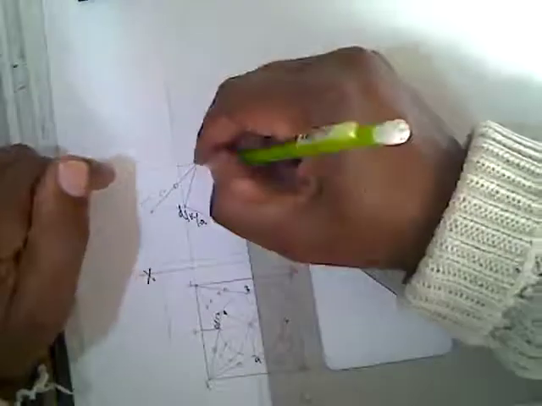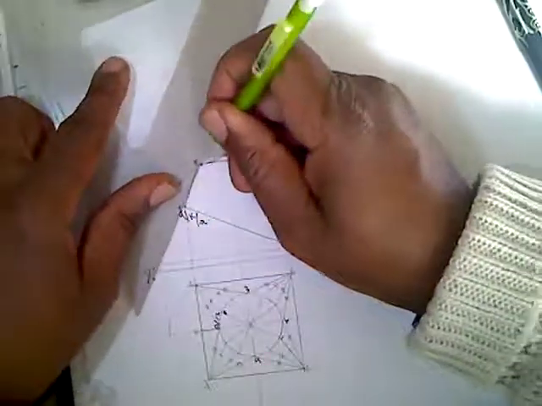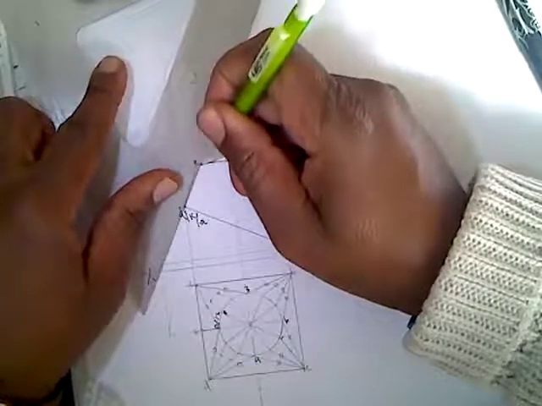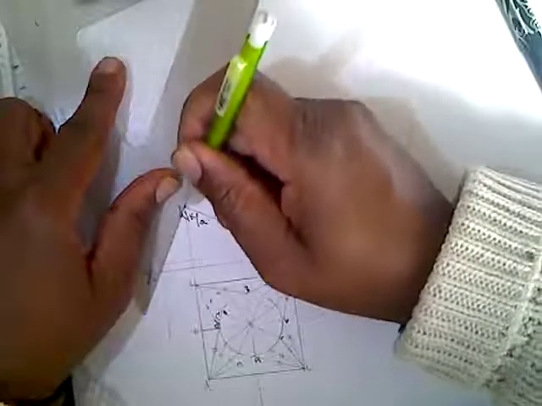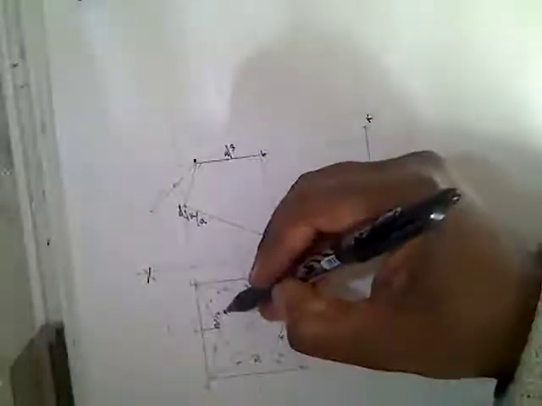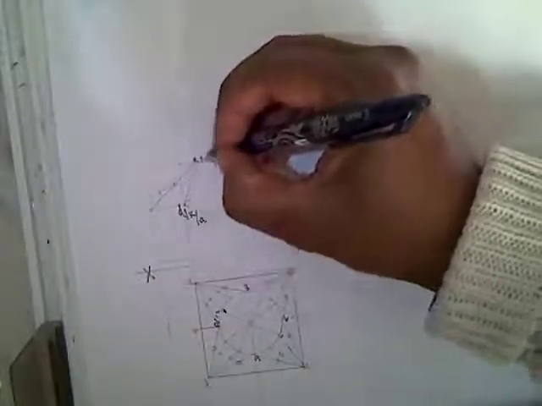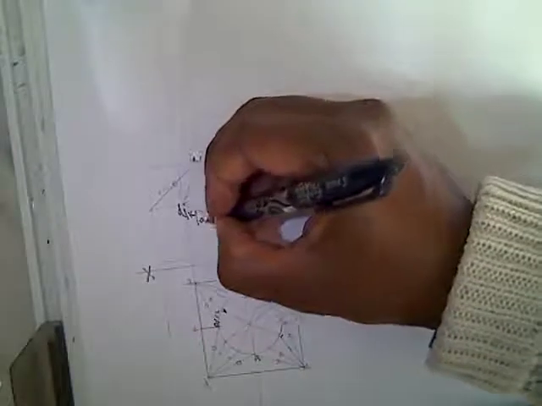So I will rotate 1. Let me show you what I'm talking about, because I want you to understand this concept once and forever. Unfortunately, if you are grade 11 and did not understand it: this is 1. 1 is here. A is also here.